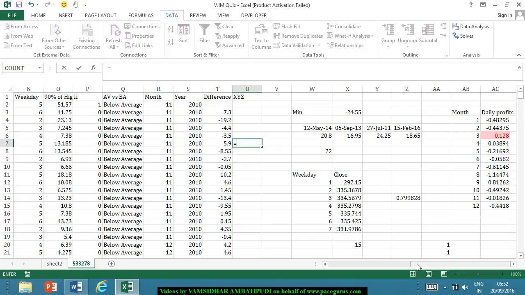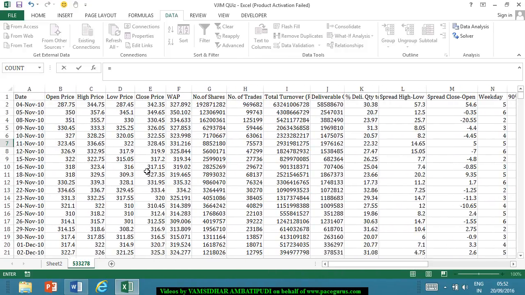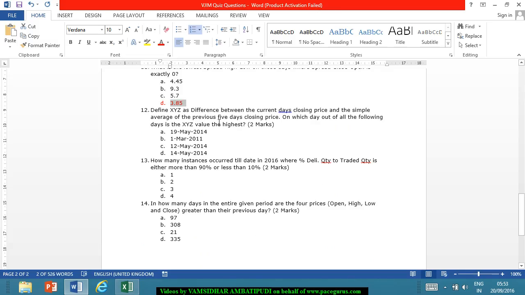So I'll take this as, if I'm doing it from this period, it is nothing but the difference of the closing price of the day minus the average of the closing price of the previous 5 days. That is what is the question.